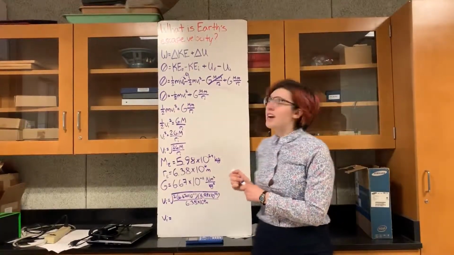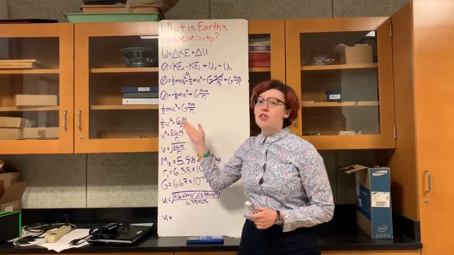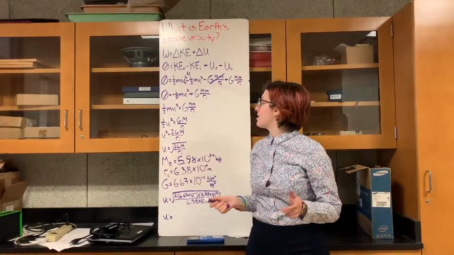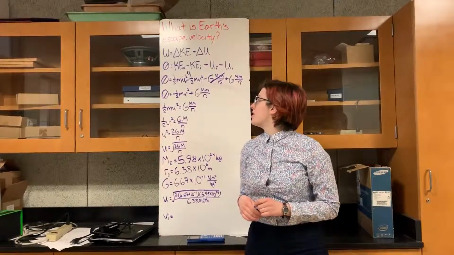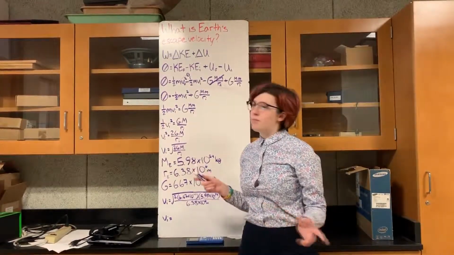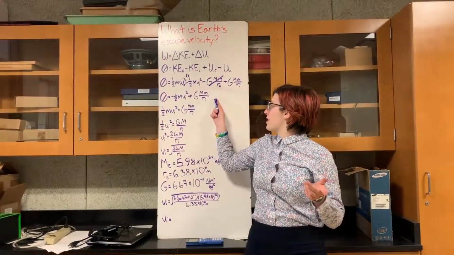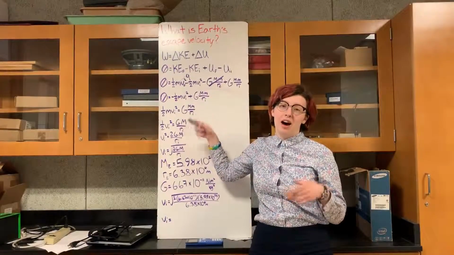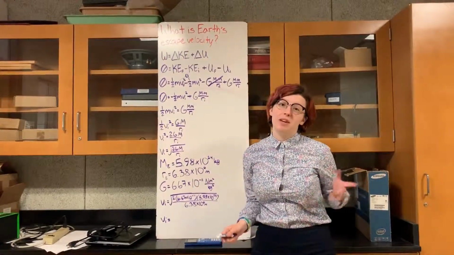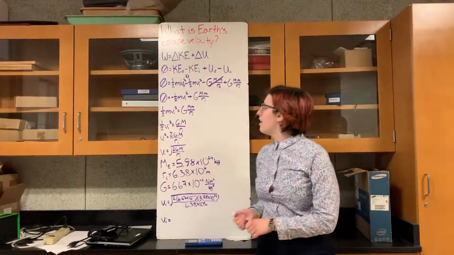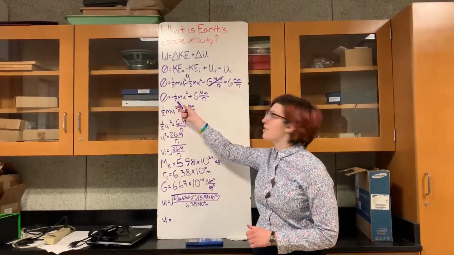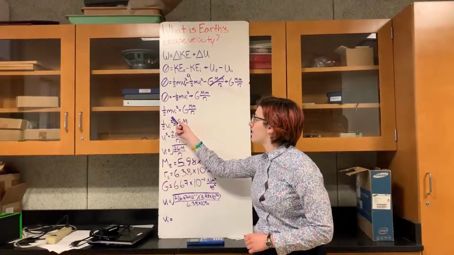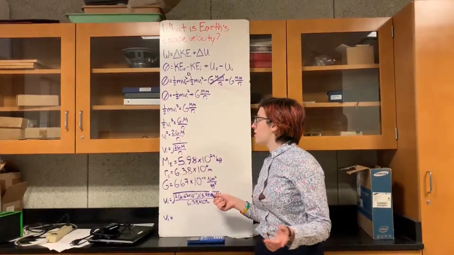So then we just have this simple equation: 0 is equal to negative 1/2 m v initial squared plus G times the mass of the Earth times the mass of the spaceship over the initial radius, which will end up being the radius of the Earth. So we keep going. We put the kinetic energy term on the other side, and we get a simpler equation.